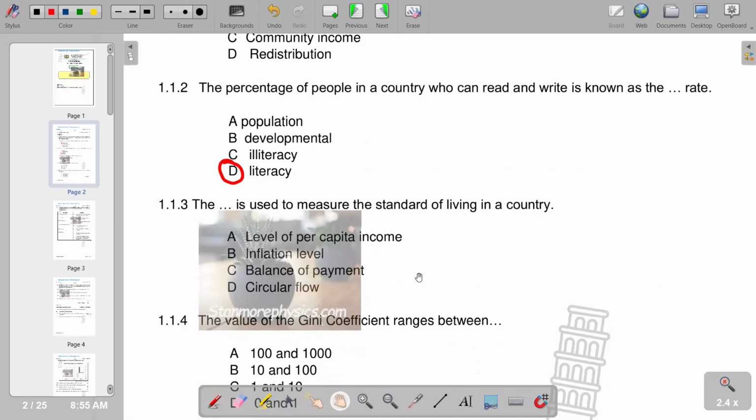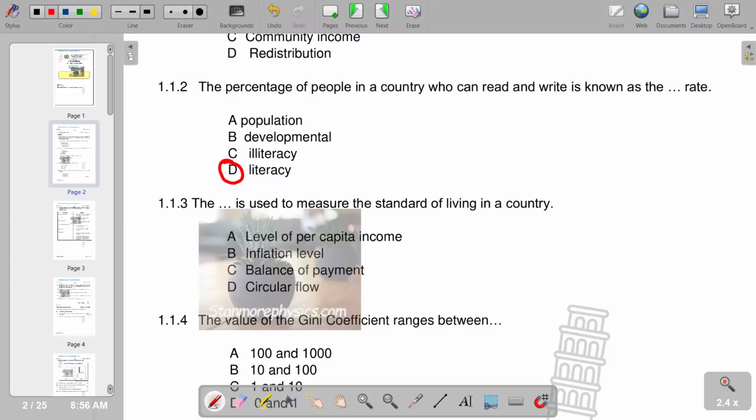So it is calculated by dividing the total income by the total population. Then we get the average income earned per person. That's what we have on that part. So the next question is the dash is used to measure the standard of living in a country, and we are saying is at the level of per capita income.